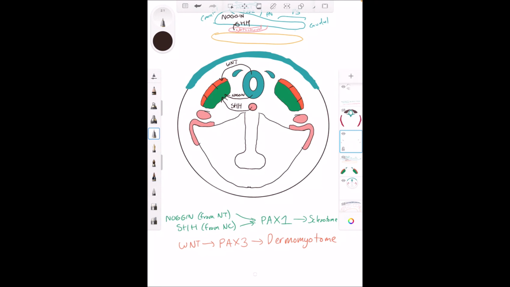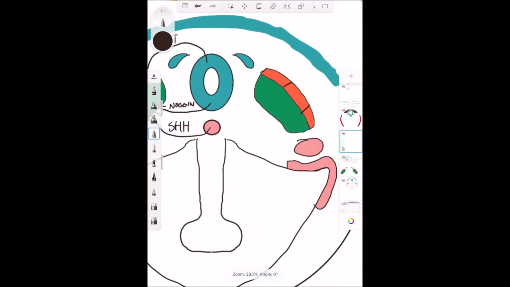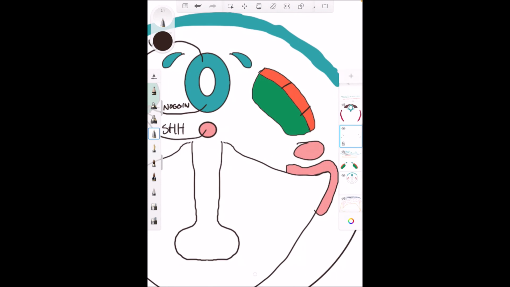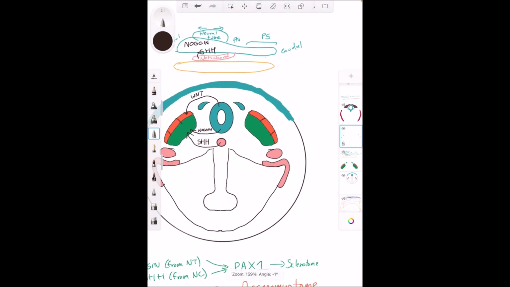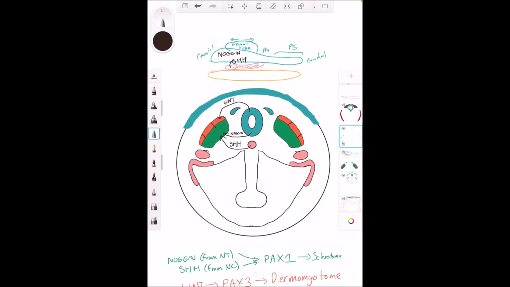Okay, so let's talk about the proteins that make that happen. So we have Wnt. Basically there's a Wnt protein from the dorsal neural tube, but there's another Wnt protein secreted by the dorsal ectoderm.